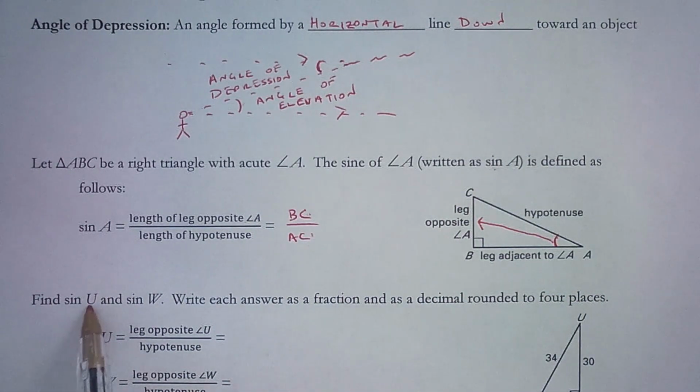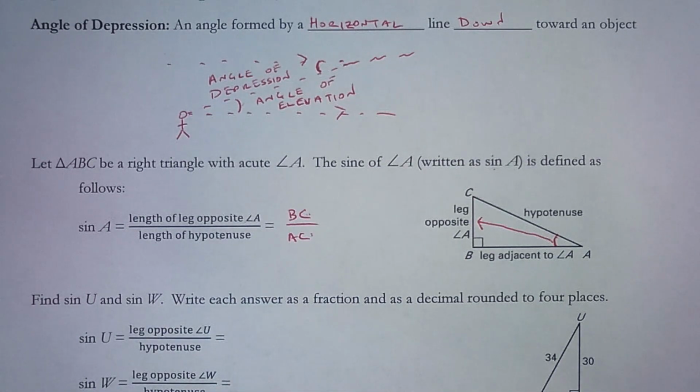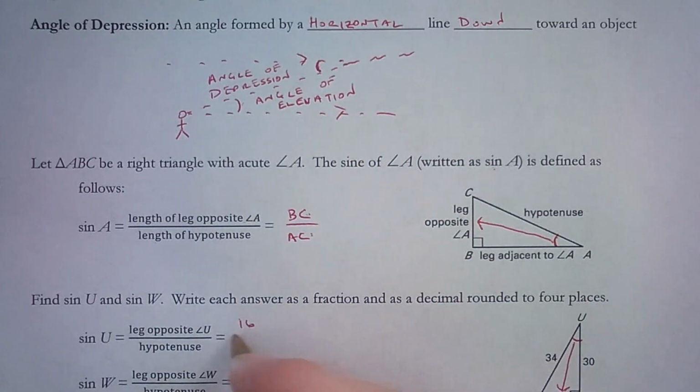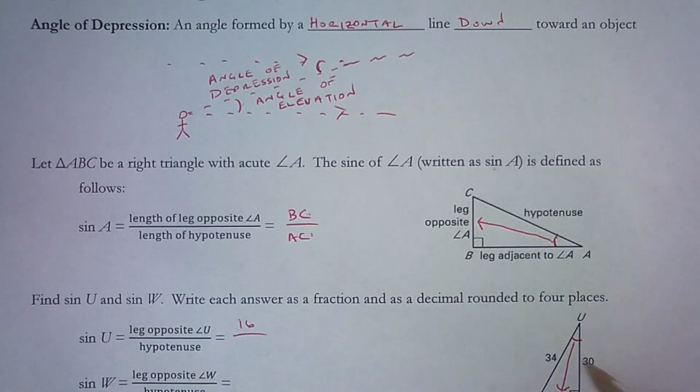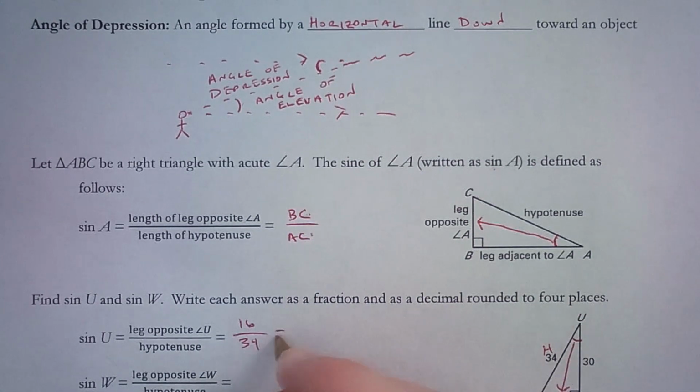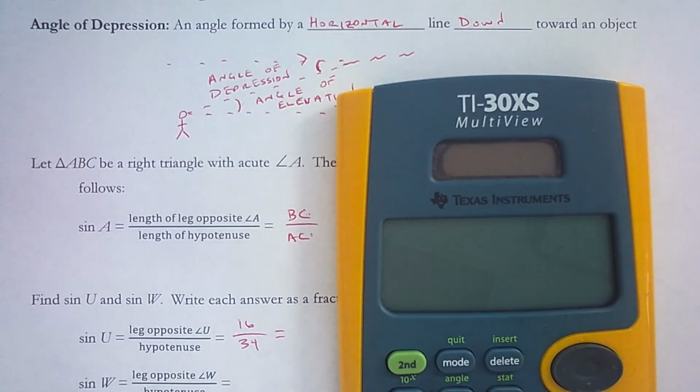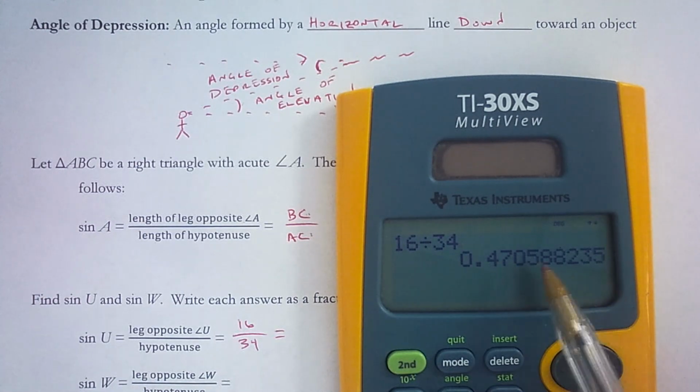Okay, so let's find sine of U and sine of W. For angle U, the opposite leg is 16. And the hypotenuse right here is 34. So there it is as a fraction. Then as a decimal rounded to 4 places, 16 divided by 34 is 0.4706.